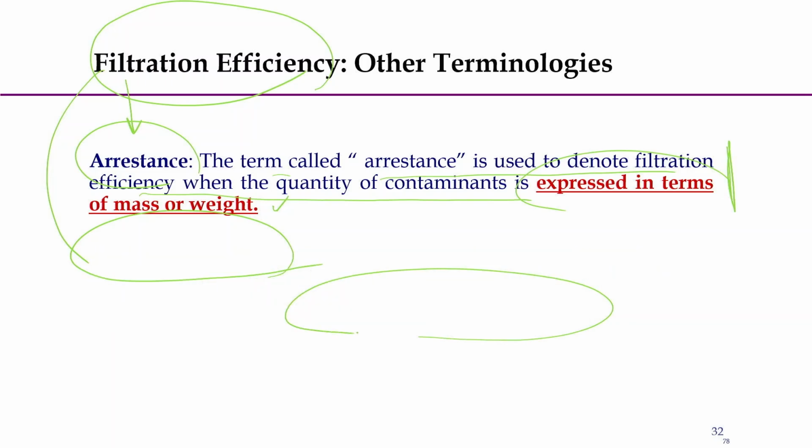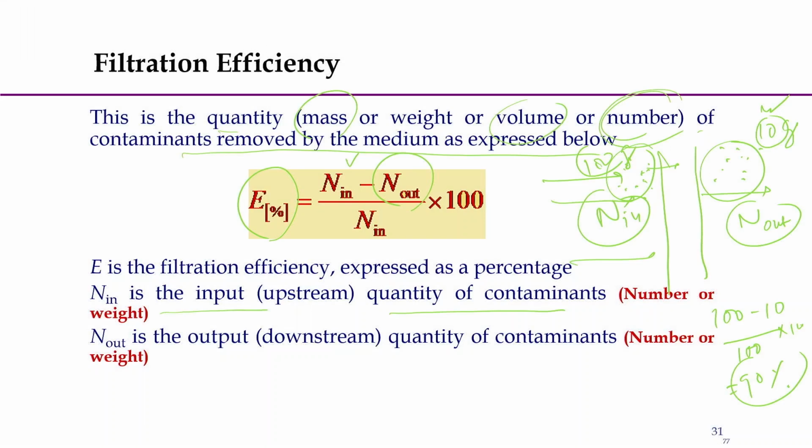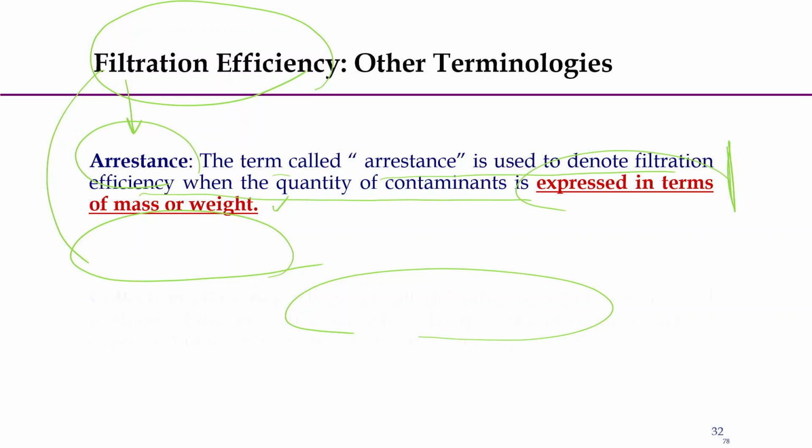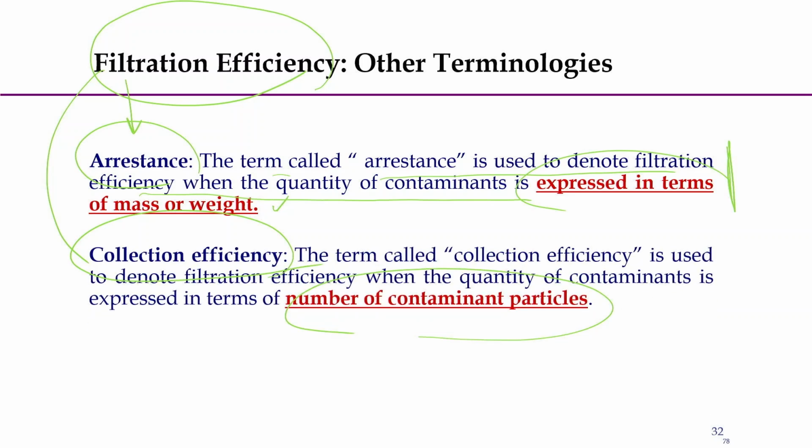So, the filtration efficiency term can always be used, but to differentiate whether it is based on number or mass, we can use either collection efficiency or arrestance. Okay.